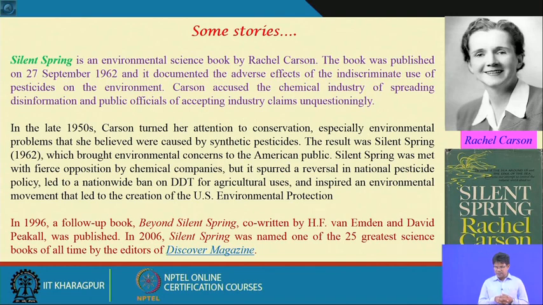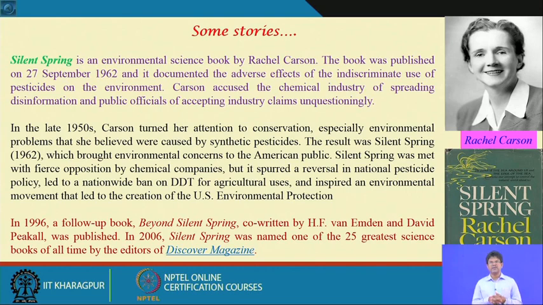Silent Spring was met with fierce opposition by chemical companies, but it spurred a reversal in national pesticide policy that led to a nationwide ban on DDT for agricultural uses, and inspired an environmental movement that led to the creation of US environmental protections.